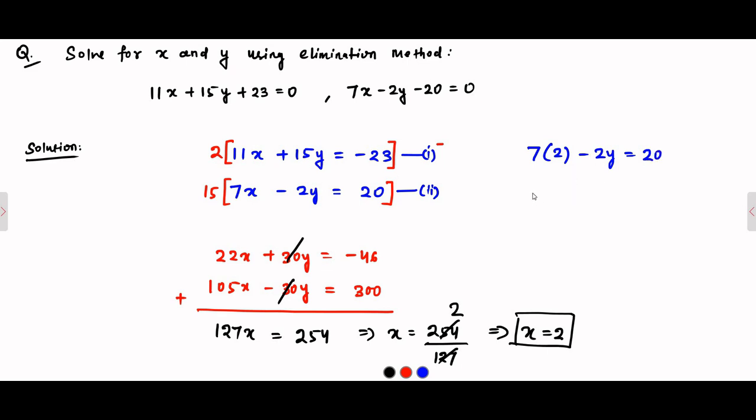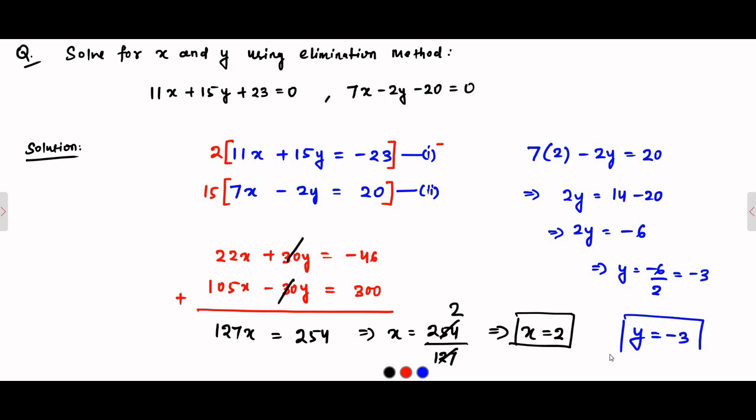So that implies 2y is equal to 14 minus 20, so 2y is equal to minus 6, y is equal to minus 6 by 2, which is equal to minus 3. So y is equal to minus 3. Okay, so x is equal to 2, y is equal to minus 3. This is the solution of the given pair of linear equations in two variables.